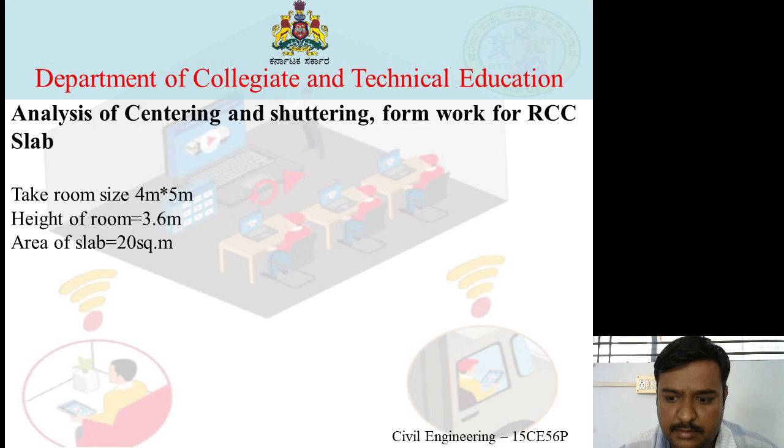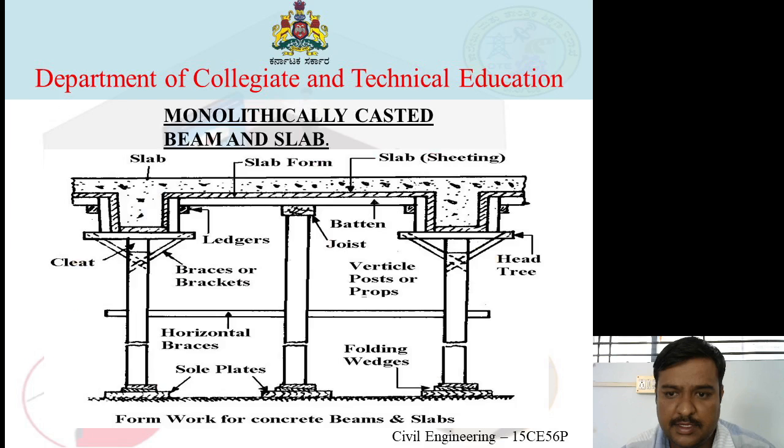Below that we see the battens, then joists, vertical props or vertical posts, you can call them pillars, and next horizontal braces, then foundation-like structures, sole plates, folding wedges, and sole plates. So this is the diagram showing monolithically casted beam and slab.